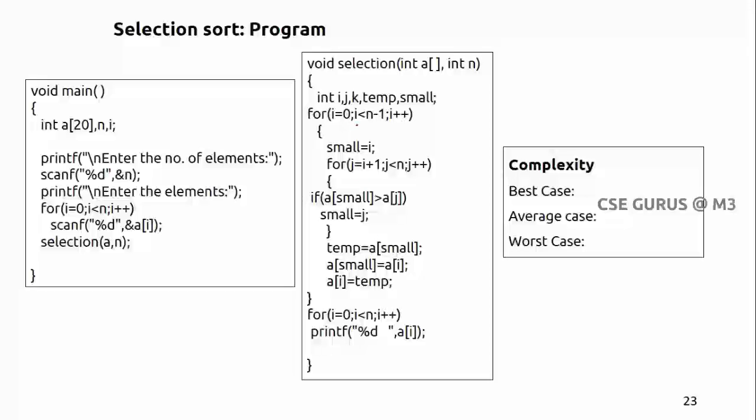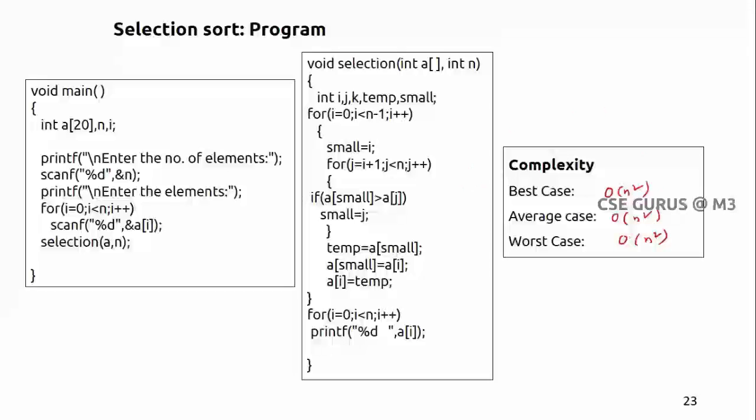Every time i starts from 0 and goes till n minus 1, j starts from i plus 1. That's why the process which takes the nested for loop must be completed. So that's why it will be taken as n square. So the complexity will be order of n square, even in best case, worst case and average case also.